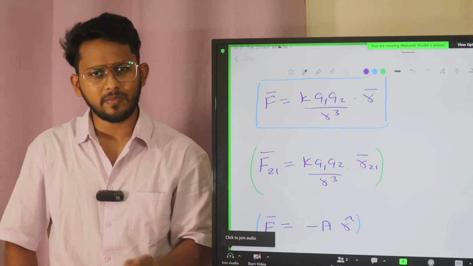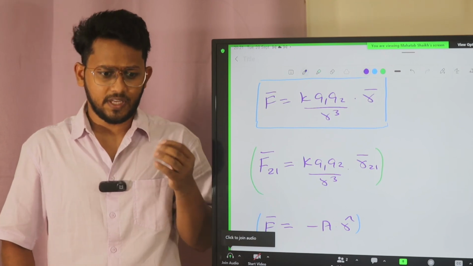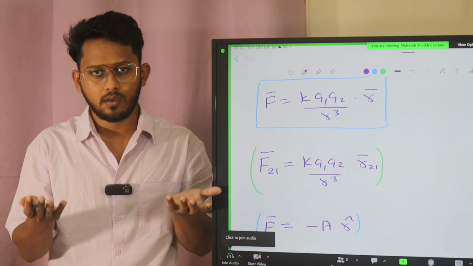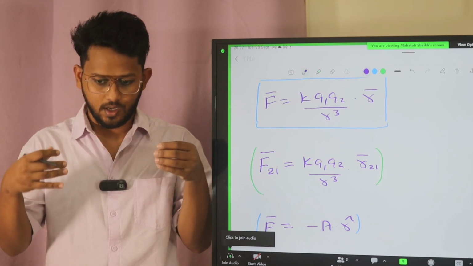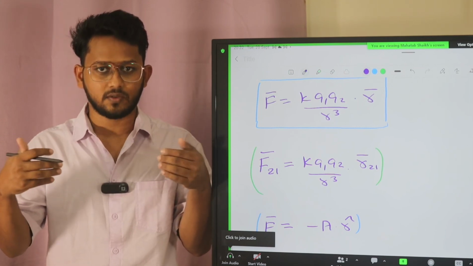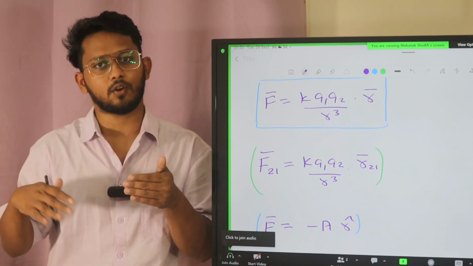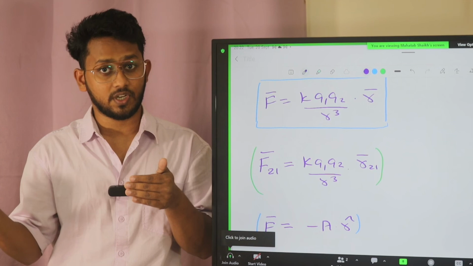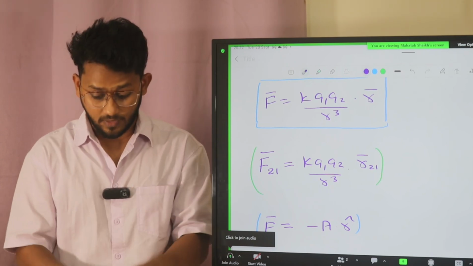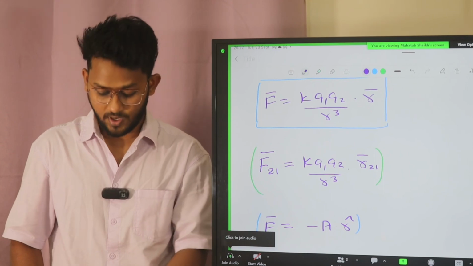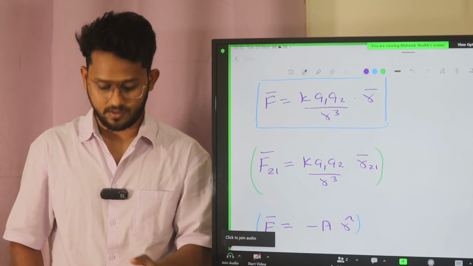This will be similar if Q1 is positive and Q2 is negative. These two charges will attract each other. The direction of force is opposite to that of the direction of the position vector, that is r cap. So this is the beauty of representing forces in terms of the position vector, right?